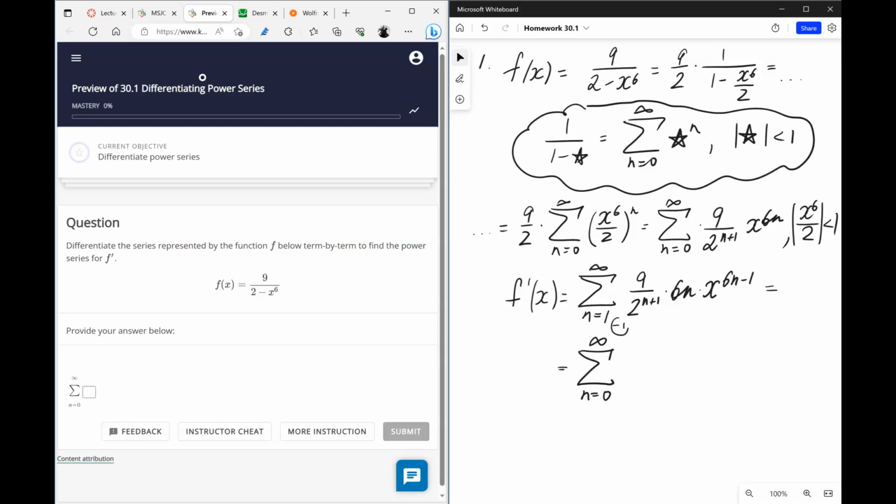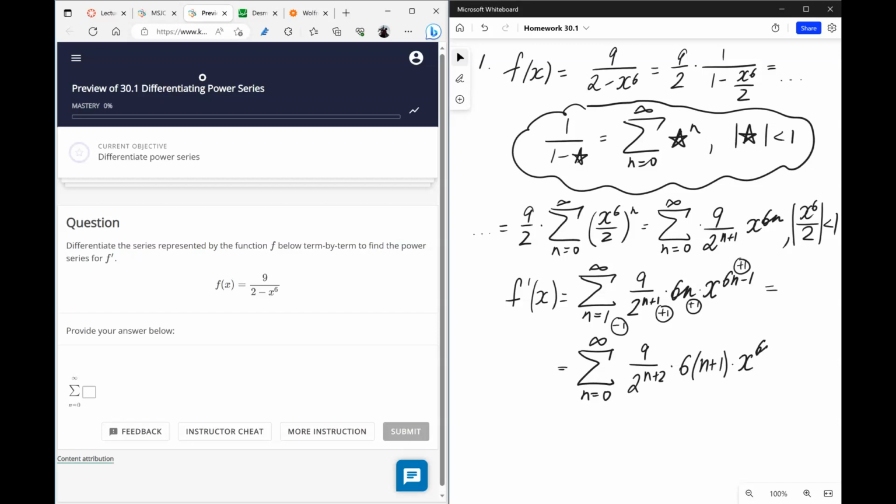If we have to subtract 1 over here, we have to add 1 to every appearance of n. So if you want the new index to be 0, you're going to have to do this step. Here we have 6n plus 1 minus 1, so it's 6n plus 5.